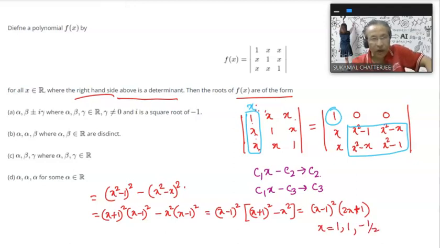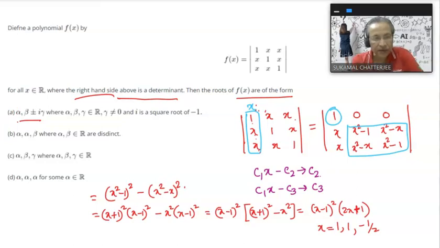Now if you look at the options given, the first option says the roots are of the form alpha, beta plus minus i gamma, which means 1 real root and 2 imaginary roots, so this is not the case. The second one says alpha, alpha, beta, where alpha, beta are real numbers, which is what we got. So option B is the correct answer.